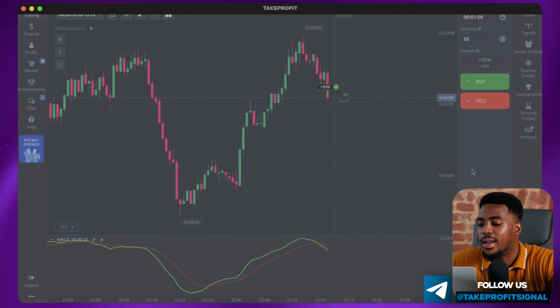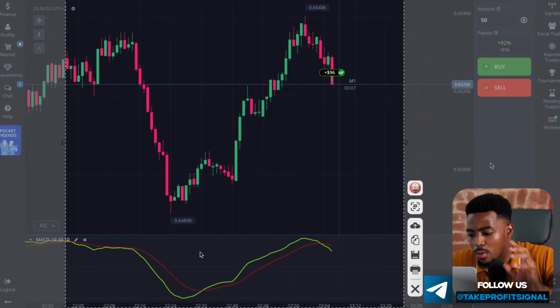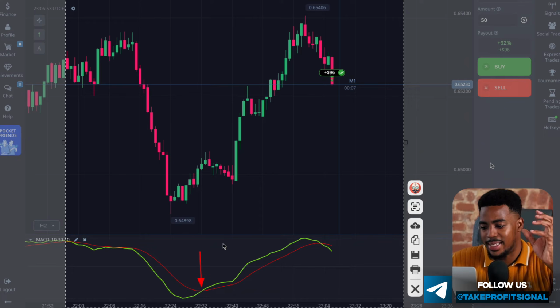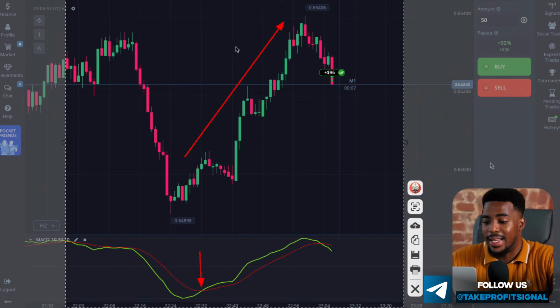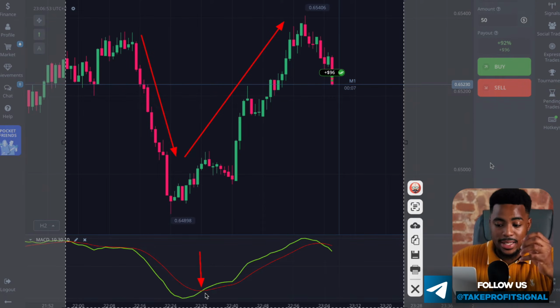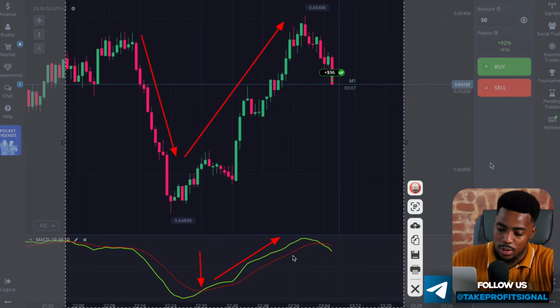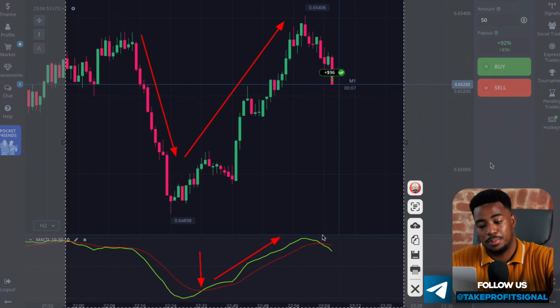Let me show you everything clearly once again. When our lines cross from below, it indicates that an upward trend will soon begin, and it indeed occurs. Previously, we had a downward movement, the lines crossed, and now the chart is moving upwards. You can also notice that the lines are gradually moving upwards as well.